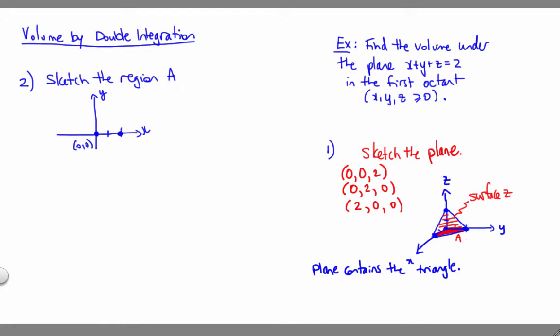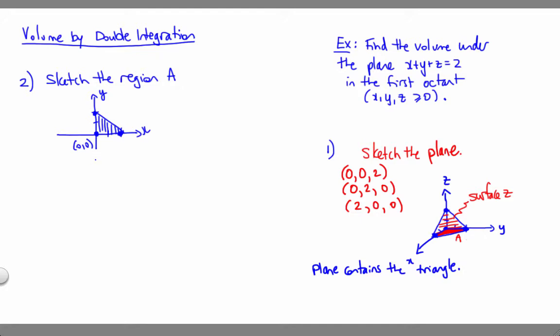And then we've got another vertex when y is 2 and x is 0. So there we go. All right, so this triangle here, that's our region A when we just look at it from the perspective of the XY plane. So if you were looking at this 3D sketch here from above, looking down on the XY plane, and if your axes were oriented correctly, this is the picture you would be seeing.